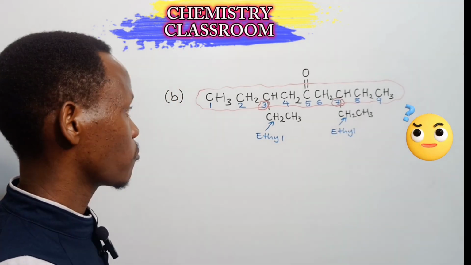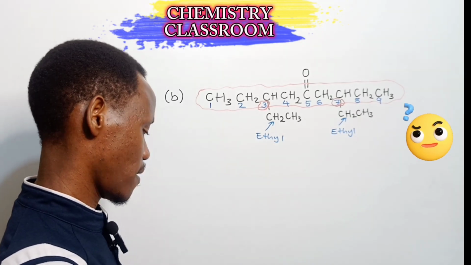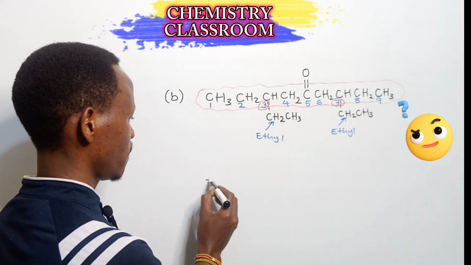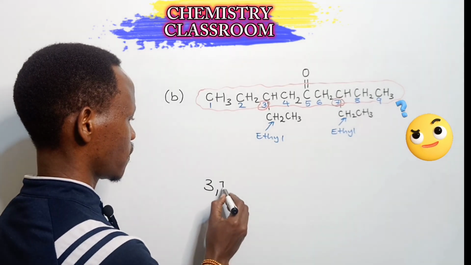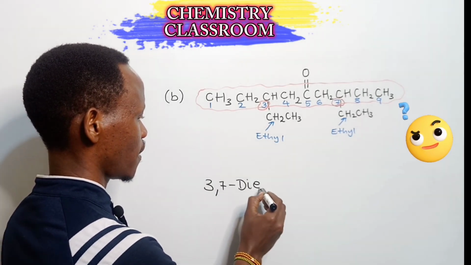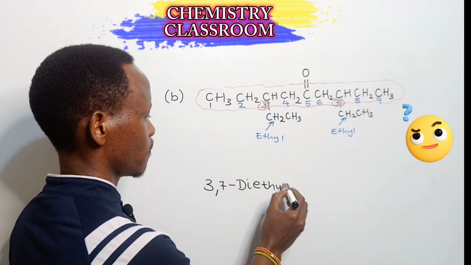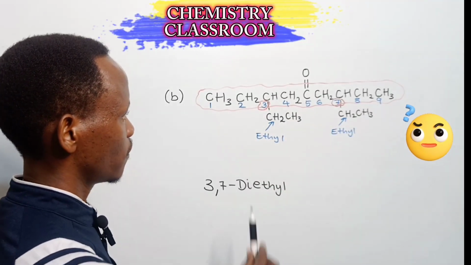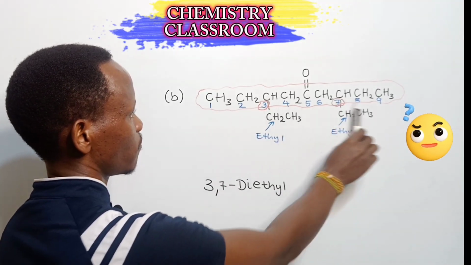So at this point, we have to write the name of our compound simply as position 3 and position 7. We have 2 similar groups, so for that case, diethyl. At this point, we have already named the 2 substituents. So we have to now write down the parent name.